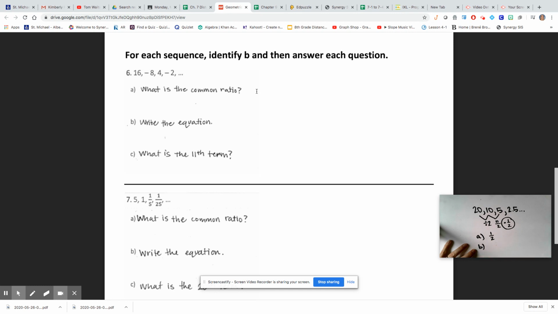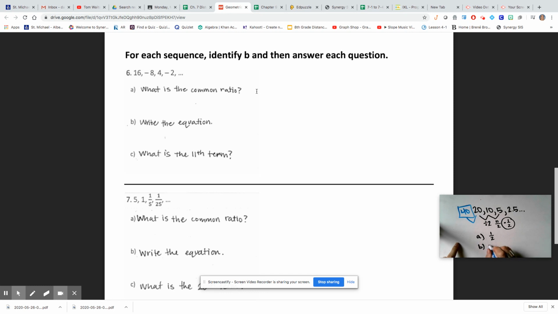If you look at B, it says write the equation. Well, to write the equation, you have to go back a step and find out what the 0 term was. So I have to bring it back here and figure out what that number would have been. If it keeps cutting it in half, what is the number that 20 is half of? That would have to be a 40. Times 1/2 would give me 20.